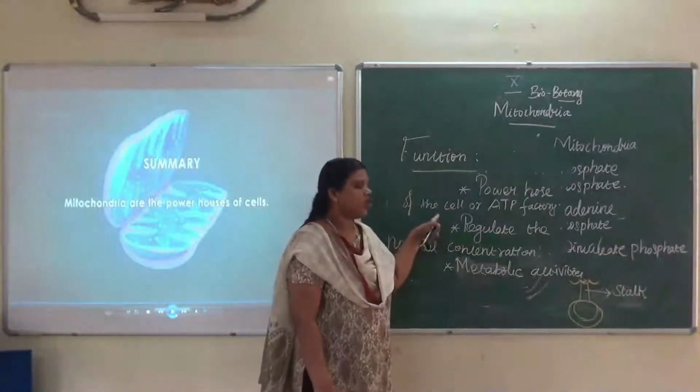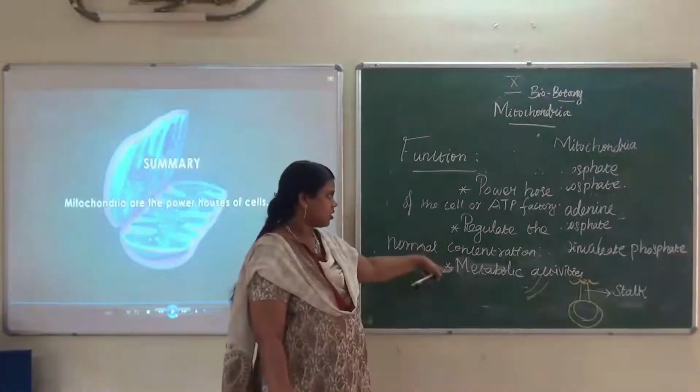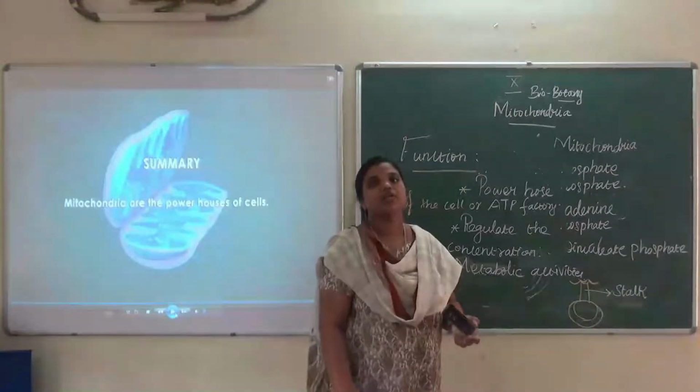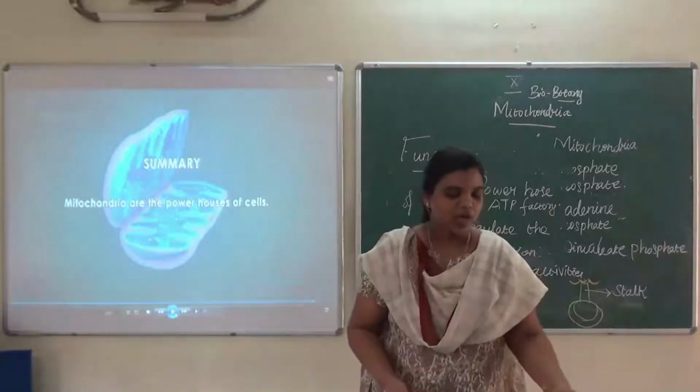Powerhouse of the cell or ATP factory, regulate the normal concentration, and maintain the metabolic activity of the cell. These are the three points of the function of mitochondria.